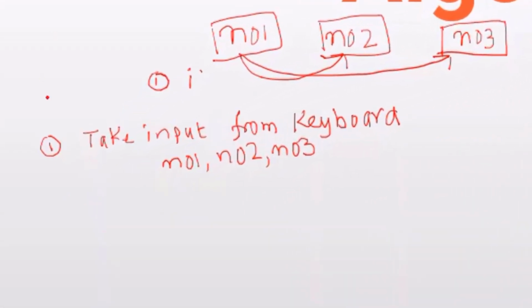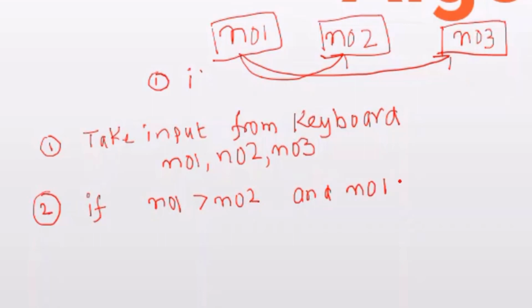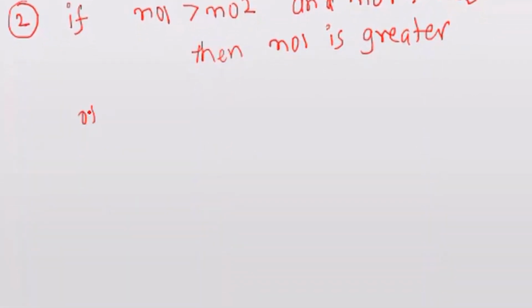And then the second step is that we need to compare: if number 1 is greater than number 2 and number 1 is greater than number 3, then we can say number 1 is greater. Otherwise, number 2 or number 3, any one of these will be greater.